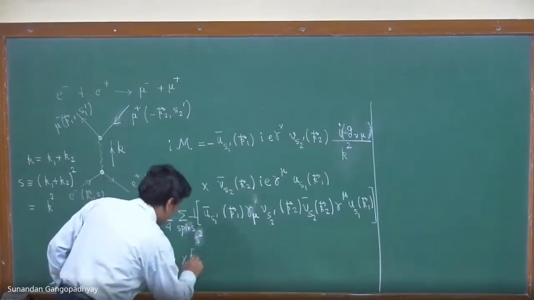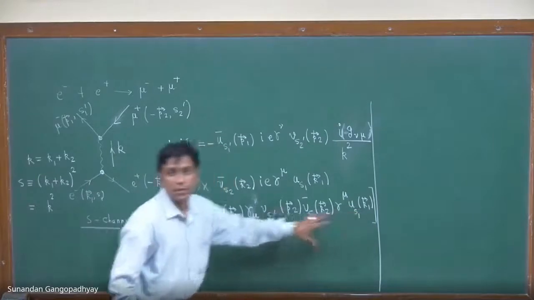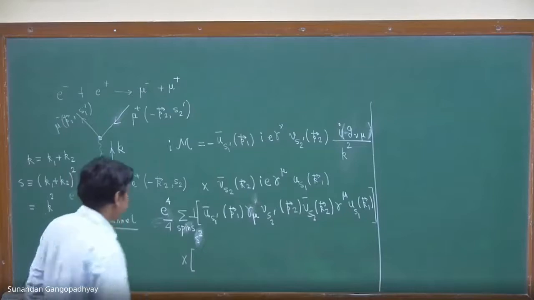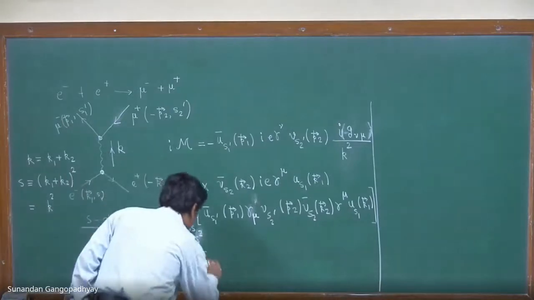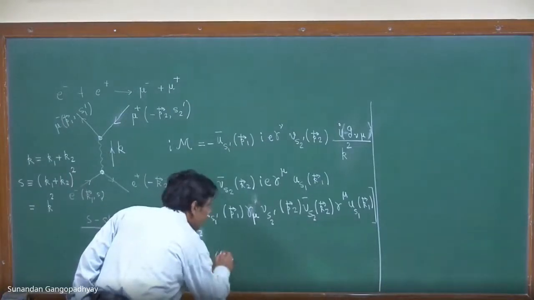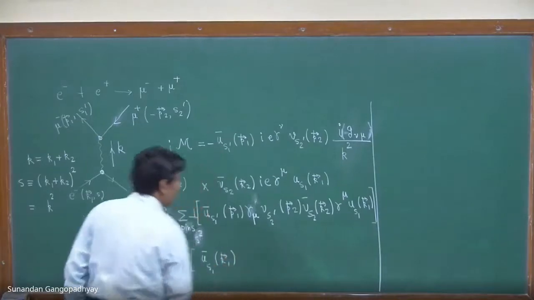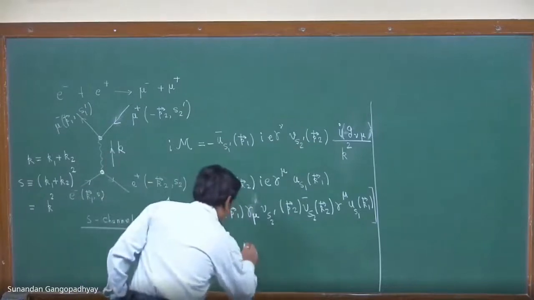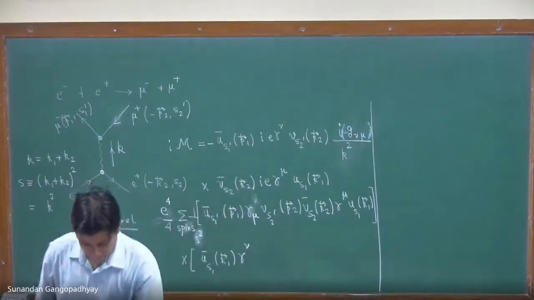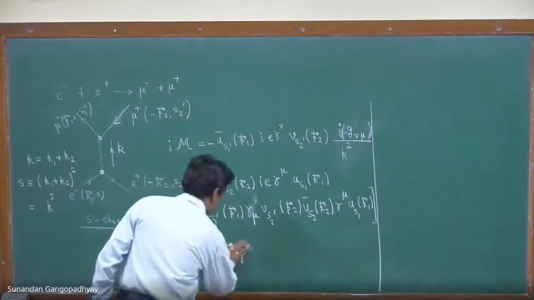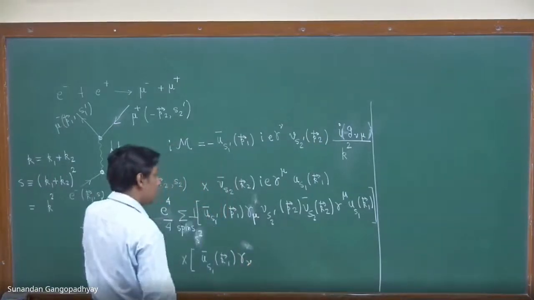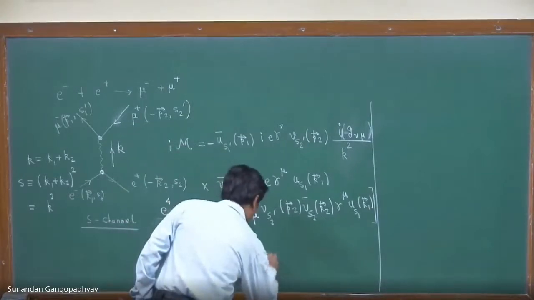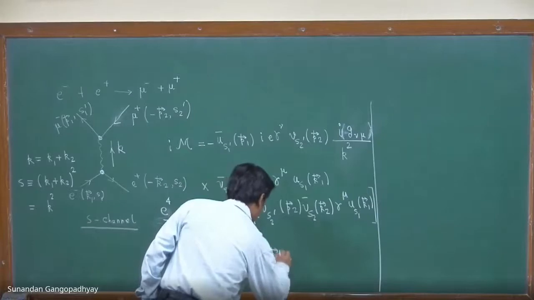This times the complex conjugate of this thing, because you are taking a mod square. So if you take the complex conjugate of that, what you will get is u bar S1 k1 gamma mu v S2 k2.